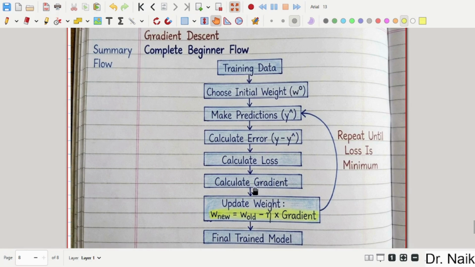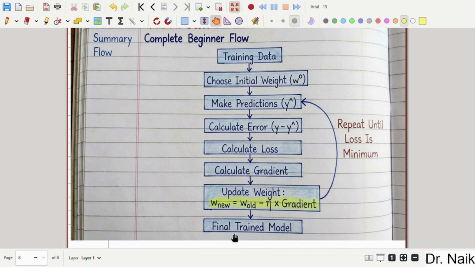Then calculate the gradient. Then update the weight, that is W new is equal to W old minus eta times gradient. Repeat the steps from making the prediction to updating the weight until the loss is minimum. And finally, train the model. Thank you.